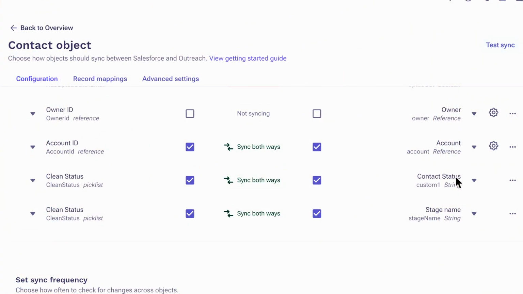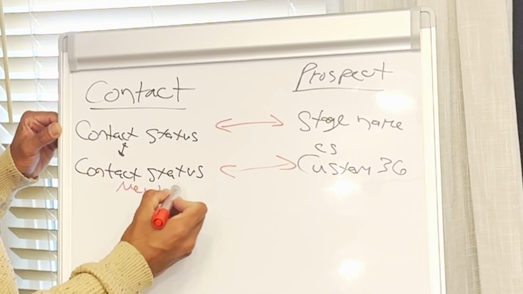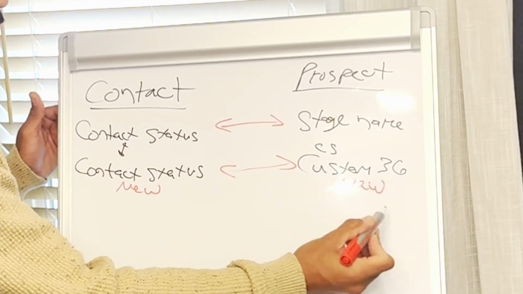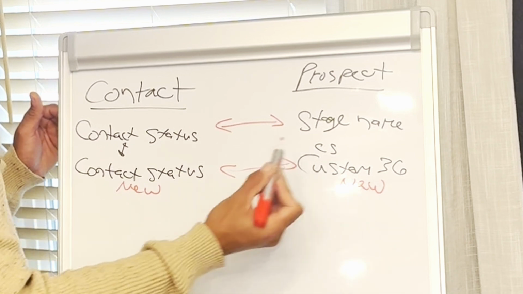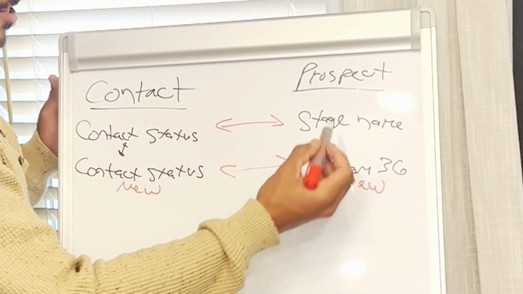So now we have a scenario where the contact status, which was normally already preset when any net new contact gets created, would get created as new, and then we'd send that new value to custom 36. So now this is also new. That didn't necessarily change the stage name, but let's just say it did.